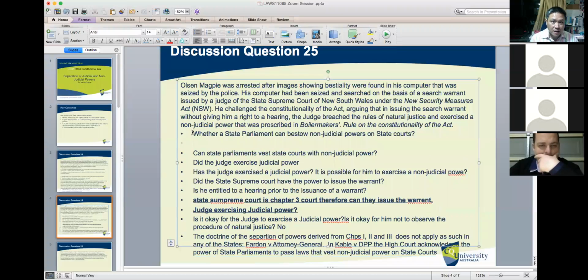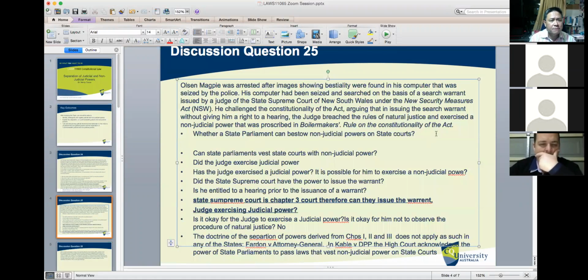Yep. Would everyone agree with that? Would that be the first legal question? Do we agree with that? Yes or no? Would that be the first fundamental legal issue that we have to meet or to hurdle? Okay, that's good. I agree with you that more or less that is the way it should be, whether state parliament can bestow non-judicial powers on state courts.